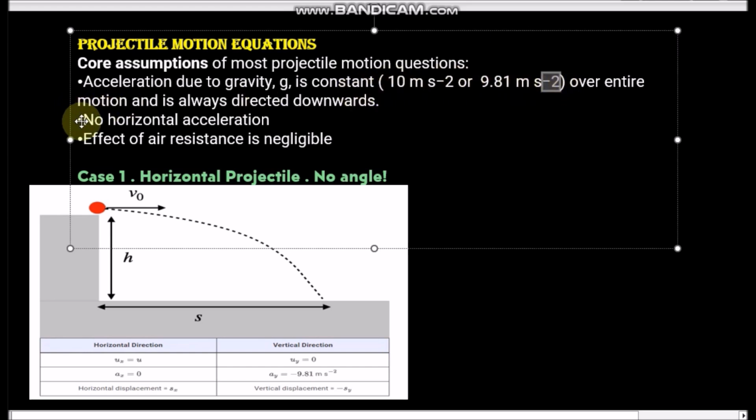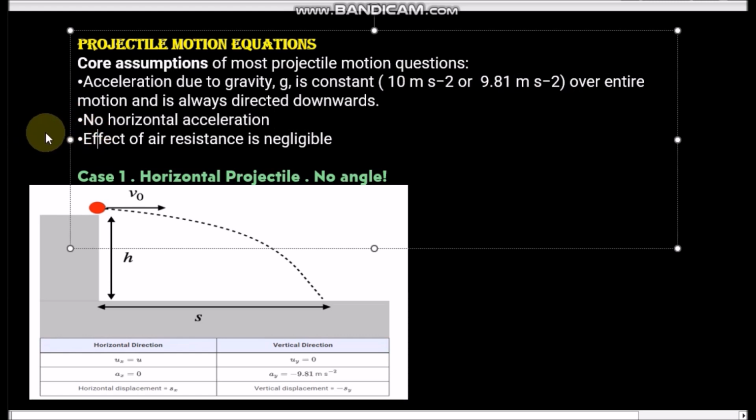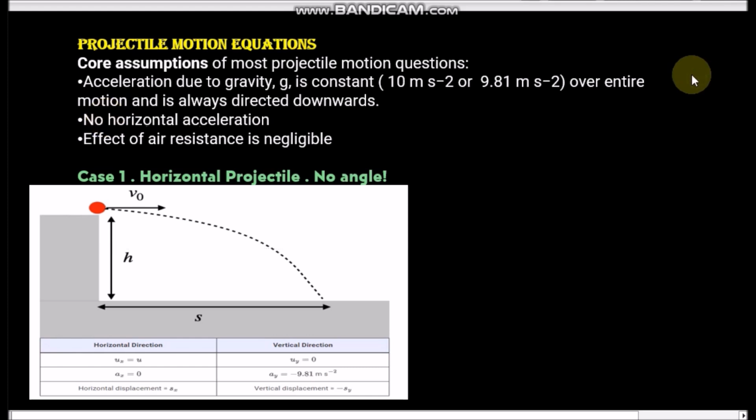The other assumption: the horizontal acceleration is zero. I write here that there is no horizontal acceleration.